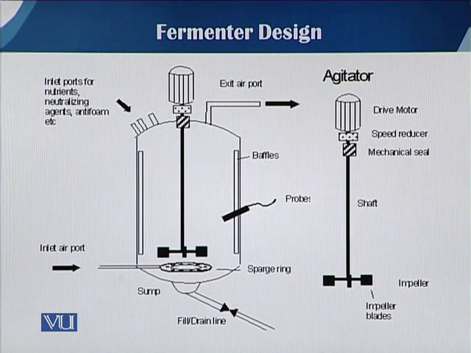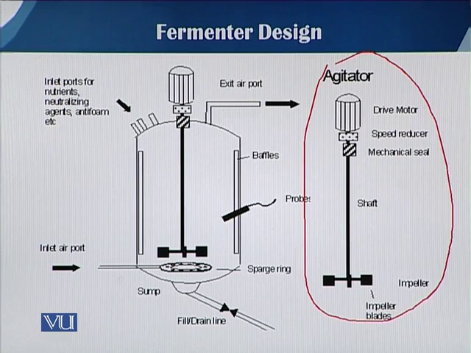You can see here in this diagram that an agitator consists of a drive motor and then a speed controller that monitors and then controls how many RPM we require. So the speed reducer first records, then monitors, and then controls. In some fermenters there is only a monitoring system, not a control system, but in a modern fermenter, monitoring, control and record systems are available.